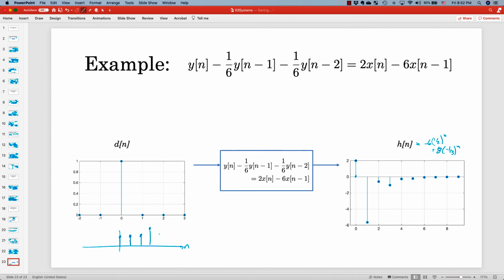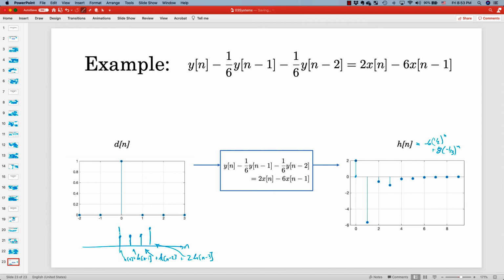Well, doesn't linearity tell me that it'll be h of n from that one? It'll be h of n minus 1 from that one. It'll be h of n minus 2 from that one. And it'll be the magnitude of this, say 2, times h of n minus 3 from that one.